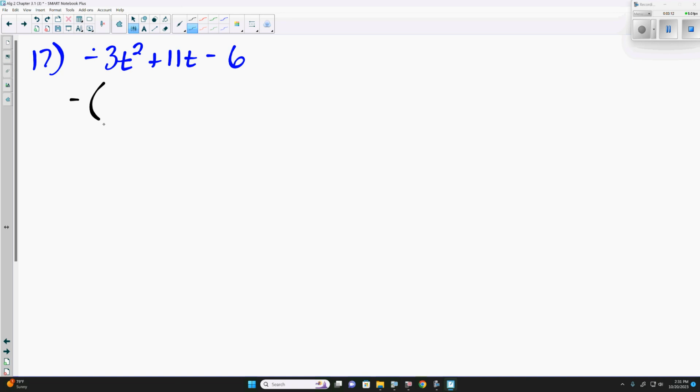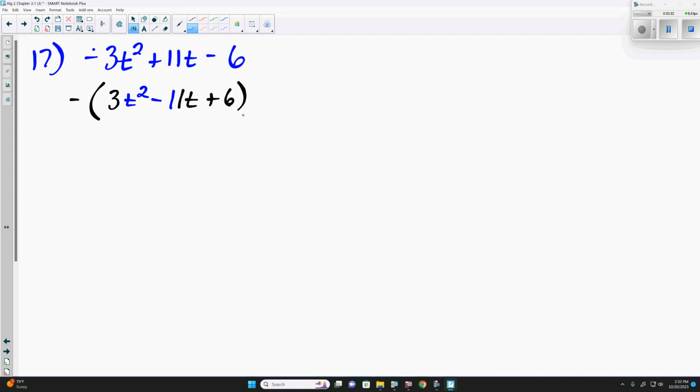Now there is not a greatest common factor number-wise between the three, besides negative 1. So we'll factor the negative 1 out so that we get the number in front of t squared to be positive. And really all that's going to do is change the sign for each of our terms.